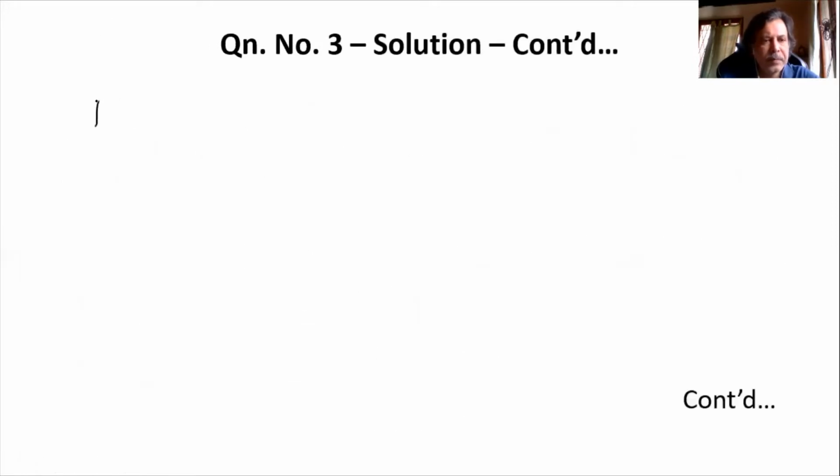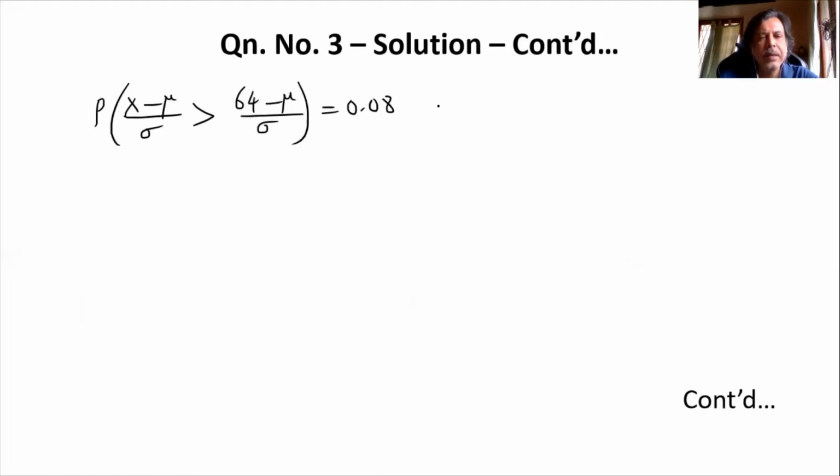Probability of X minus mu by sigma greater than 64 minus mu by sigma, that is known to be 0.08, and let Z2 equal to 64 minus mu by sigma. Then what will happen to this?